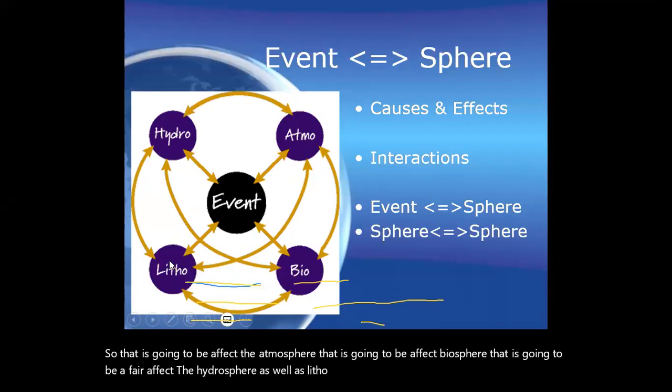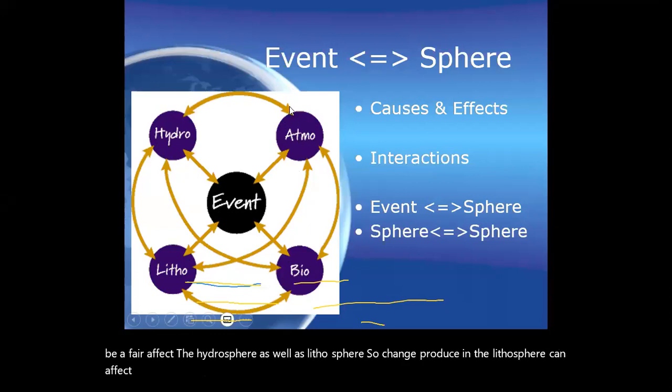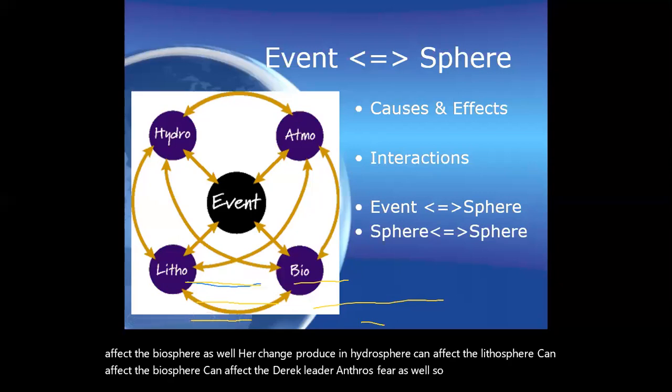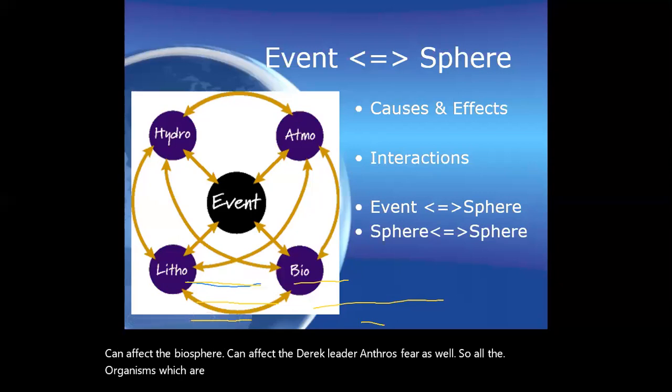So change produced in the lithosphere can affect the atmosphere, change produced in the atmosphere can affect the hydrosphere, and the same change can affect the biosphere as well. Change produced in the hydrosphere can affect the lithosphere, can affect the biosphere, can directly affect the anthroposphere as well. So all these spheres are generally interconnected, and they are working through a system.